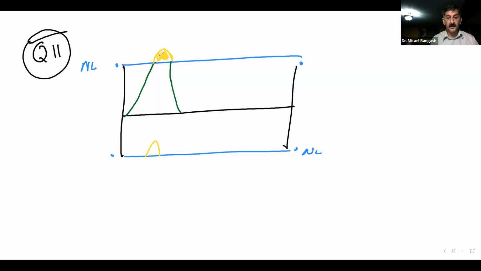If you don't reach the Nyquist limit, then you don't have aliasing. So that's pretty much what it's asking about.